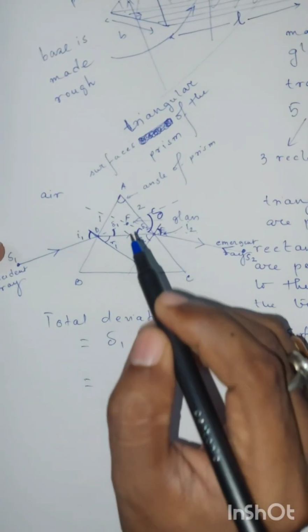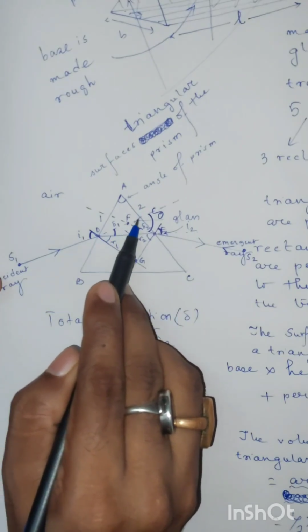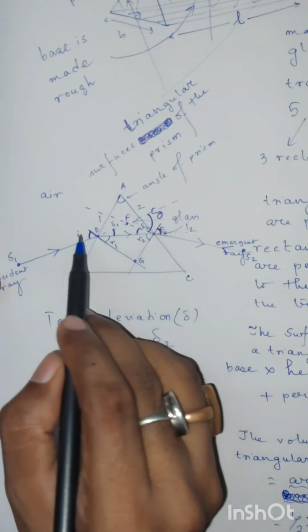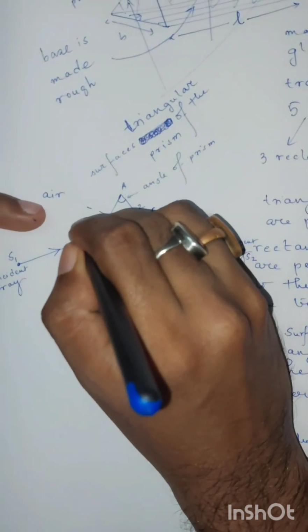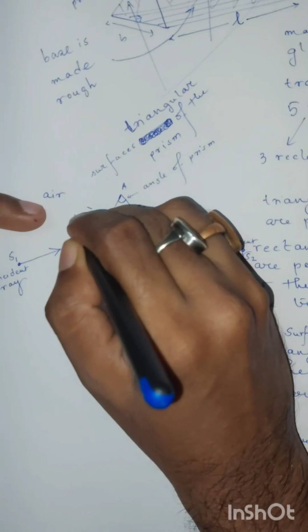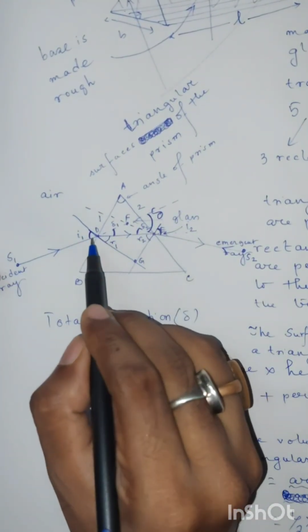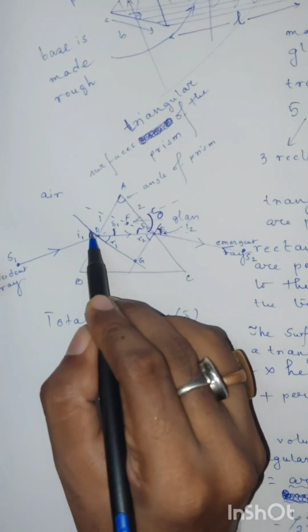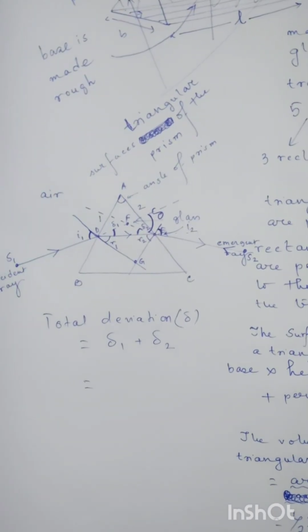I hope you are able to understand it. This is our first straight line, and this is our second straight line. So these are vertically opposite angles, so we can write that vertically opposite angles are equal.